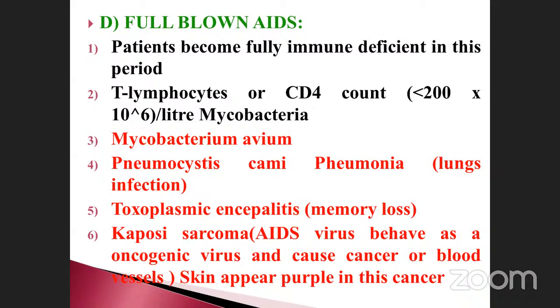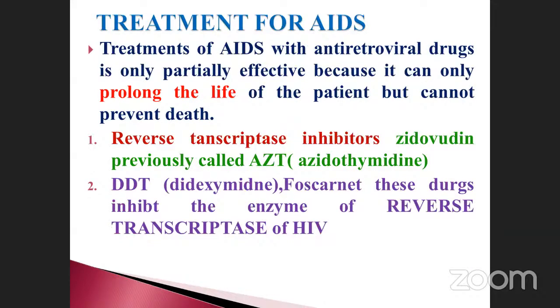Toxoplasmic encephalitis is nothing but memory loss, and water also fills the brain cells. Kaposi sarcoma is another type of AIDS virus in the affected person. It causes cancer of the blood vessels. The skin appears purple in this cancer.